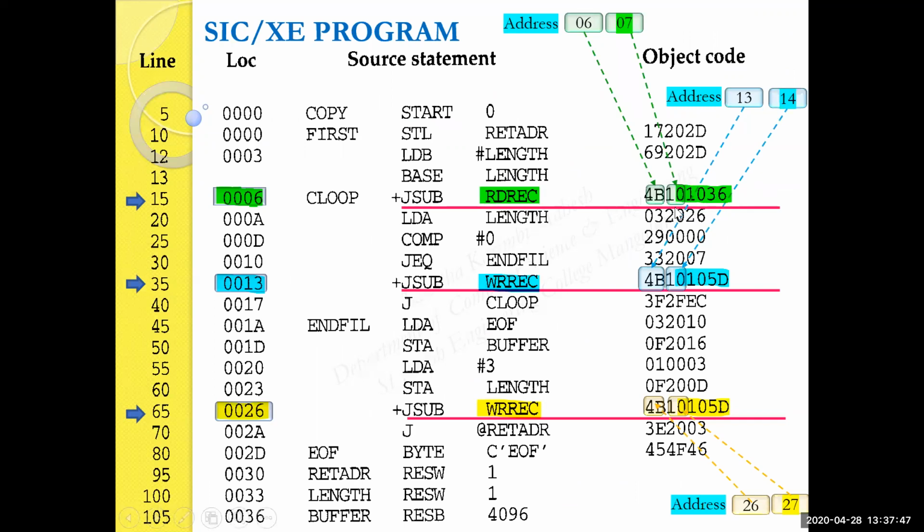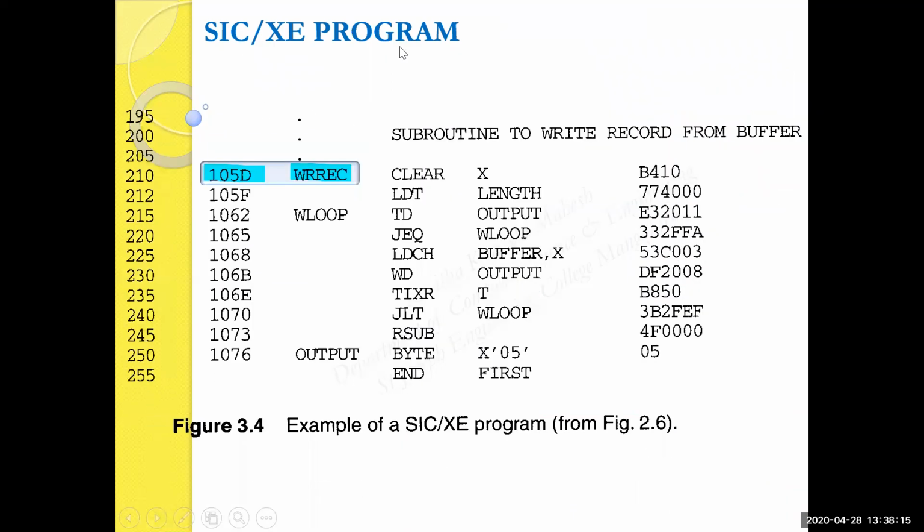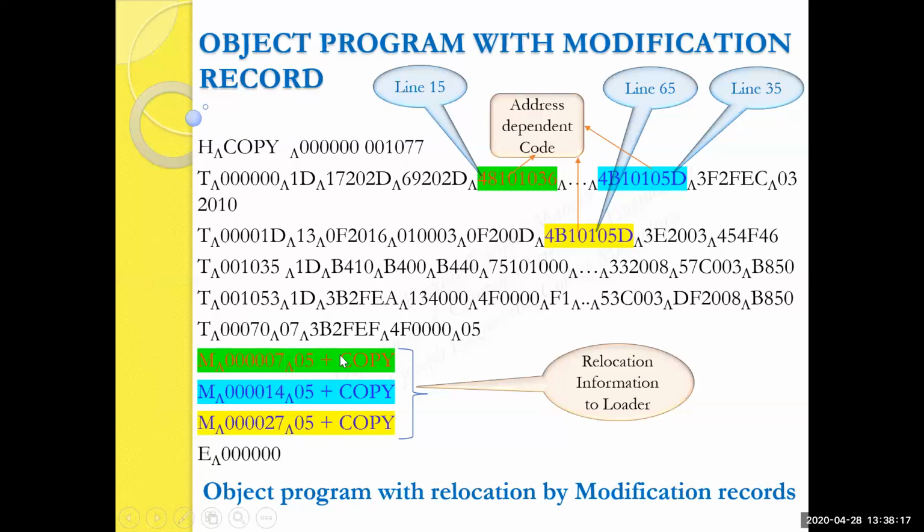So the modification record says to the field that starts at address 7, which is 5 half bytes or 20 bits in length, we need to add the actual load address, which corresponds to the symbol copy, obtained by adding to the current value the actual load address. So this is for the first instruction.